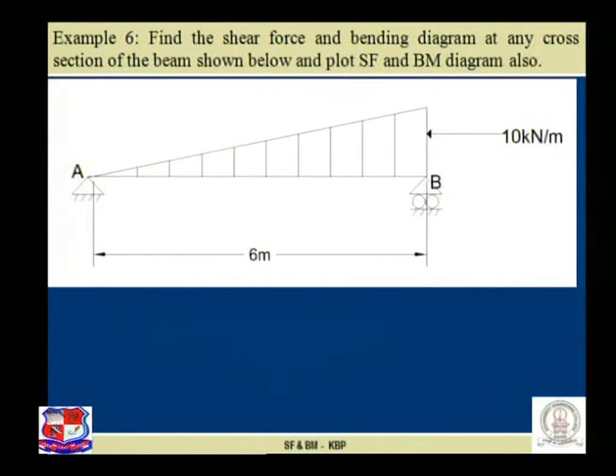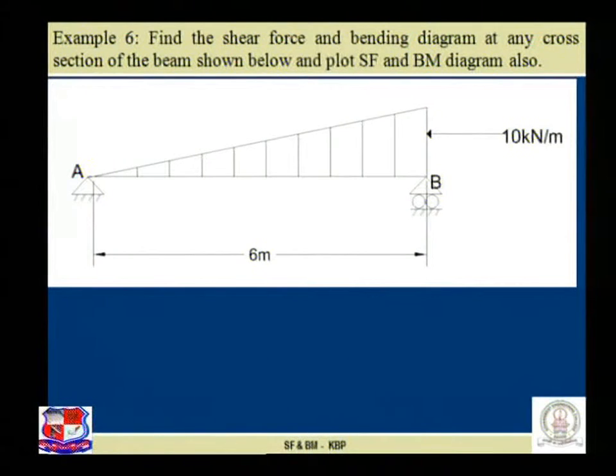Before I proceed further with the plotting of shear force and bending moment diagrams, let us recall certain important points. What is shear force? Shear force is defined as the algebraic sum of the forces to the left or right of the section. What is bending moment?